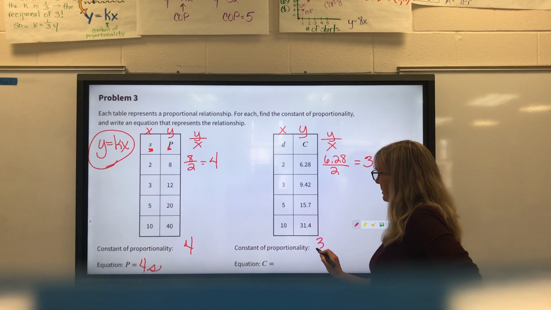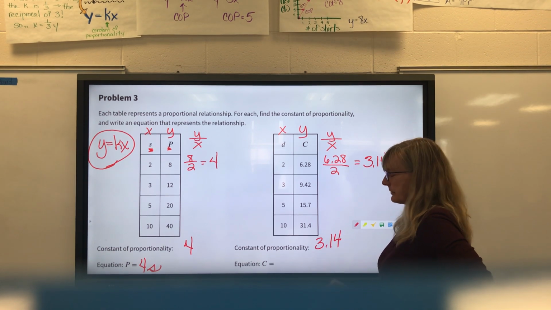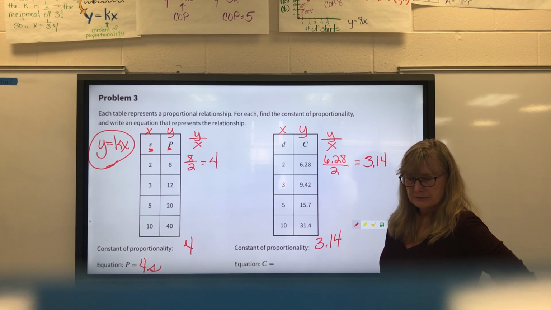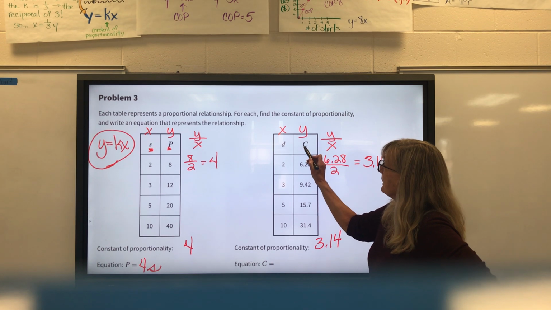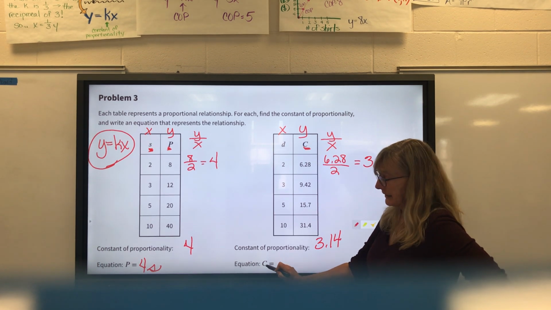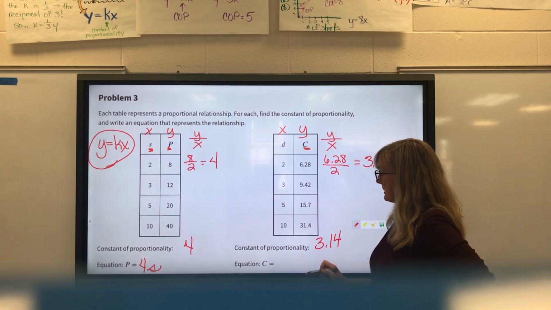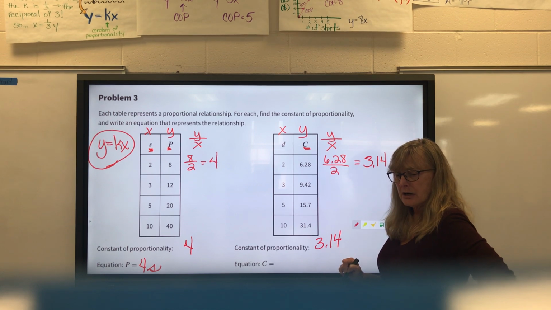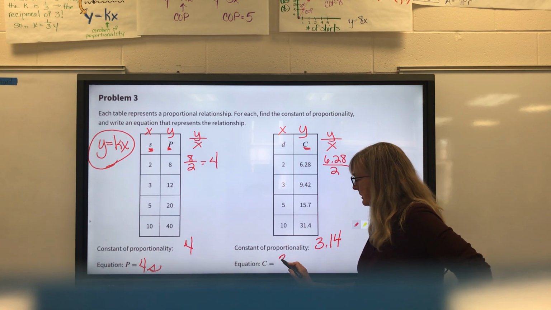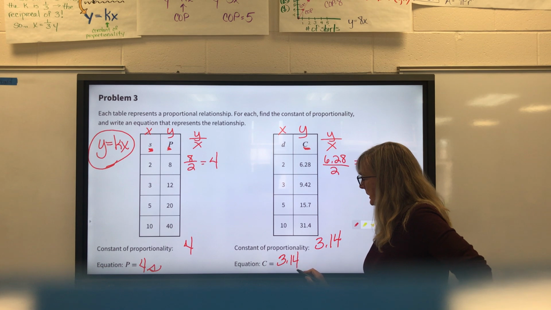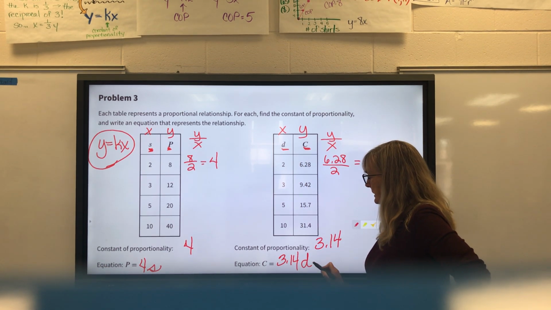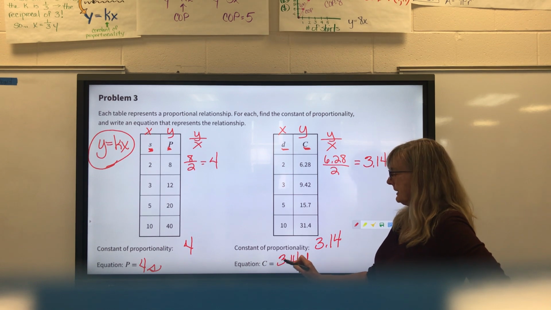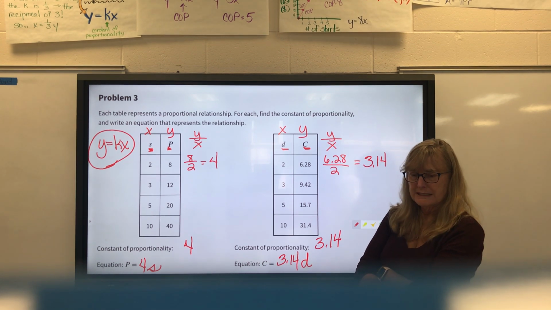Okay, so our COP is 3.14. Our equation, here is y, so that's C equals, what's our COP or our constant? 3.14, and what's our x? D. So your equation is C equals 3.14D.